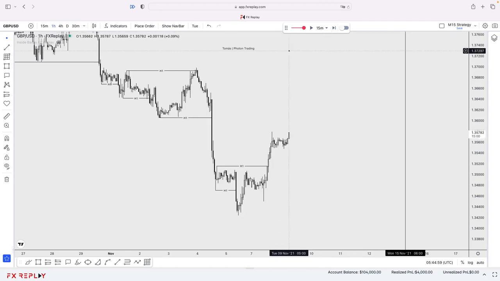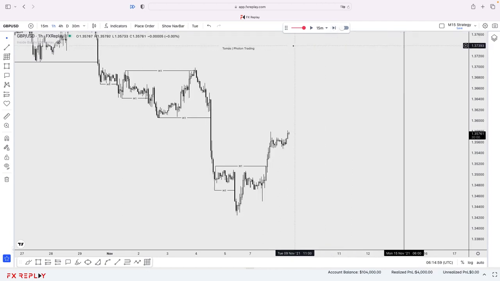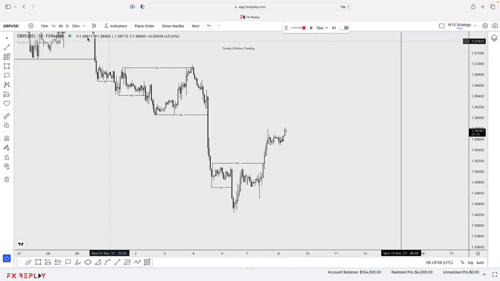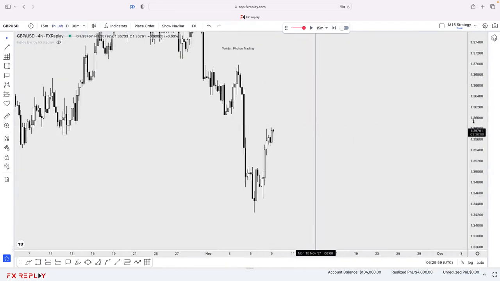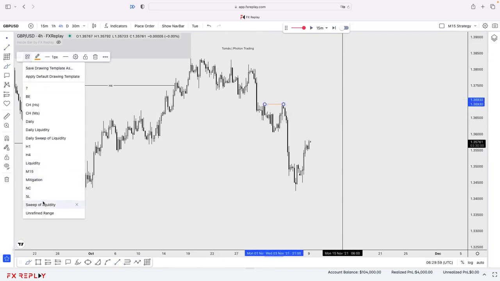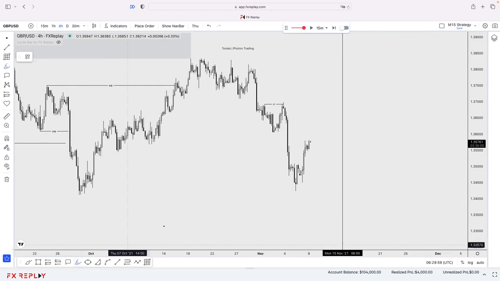Okay, so like I said in the H4, price mitigated the absolute extreme of the H4 leg. But we have this range that is formed through a sweep, and at the moment price is basically putting the bullish complex pullback of this leg.